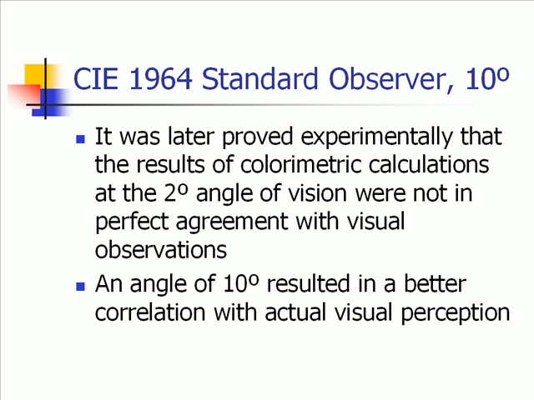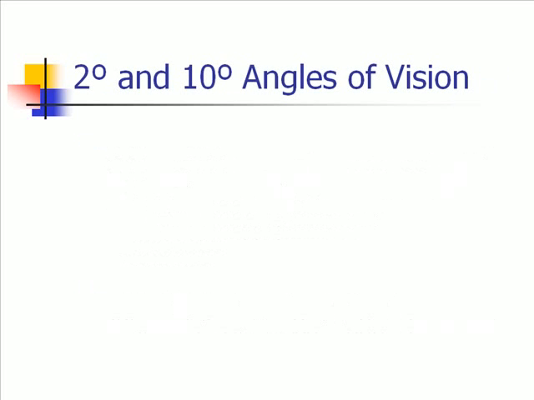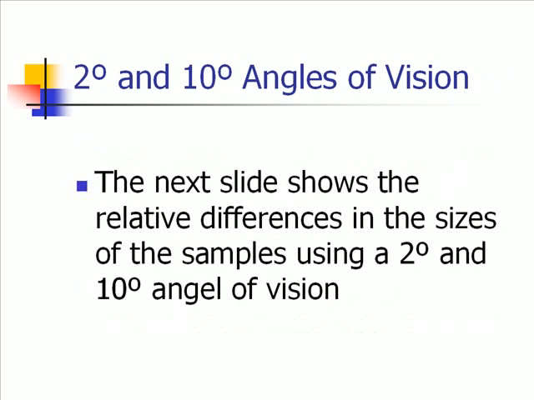Just to give you an example of the difference between them, this is relatively the difference. If we think of that middle circle as a dime size, you can get an idea of what the 10-degree observer size sample is.